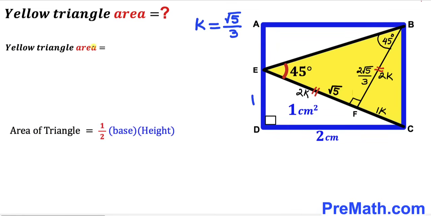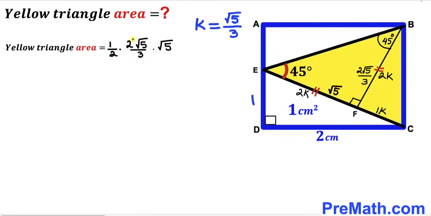So therefore, the yellow shaded triangle area is going to be 1/2 times the base and the height, which is 2 times square root of 5 divided by 3 times square root of 5. And now we could see that this 2 and 1 divided by 2 cancel each other out.